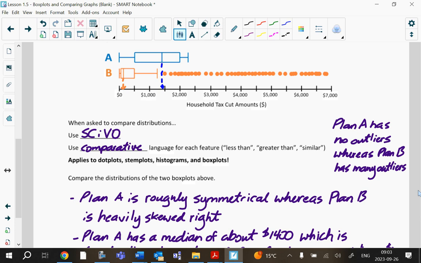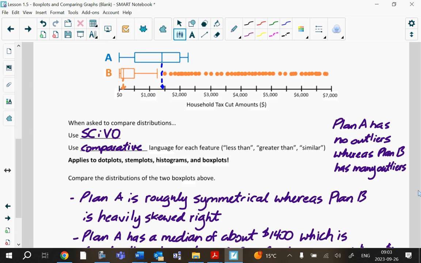It would be broad. Because if you think about it, remember this is Q1, so 75% of the data has a tax cut of above $500. So a pretty significant amount of the population has a tax cut above 500 bucks.